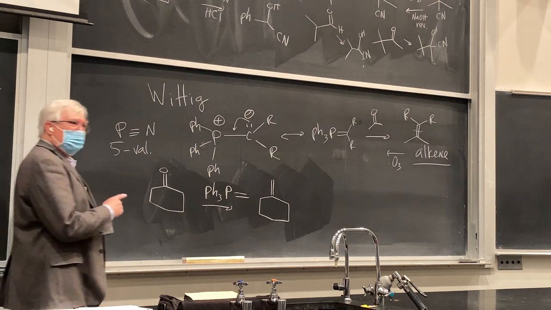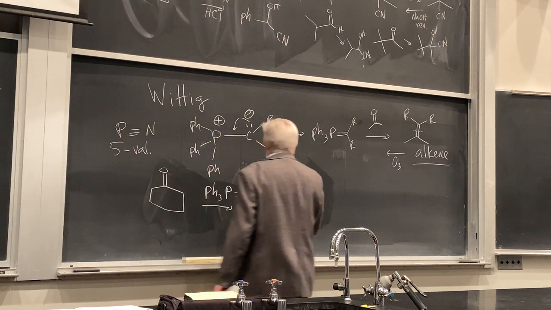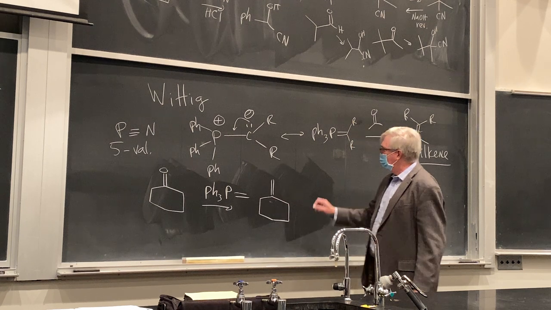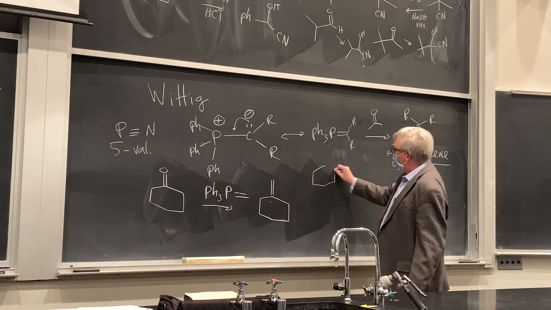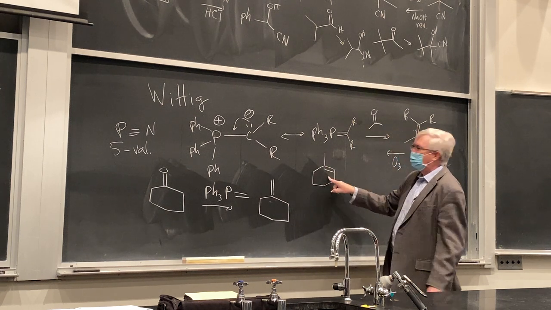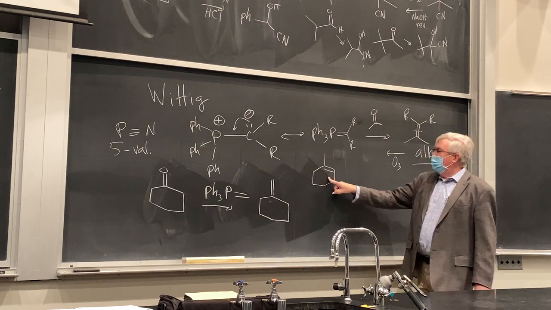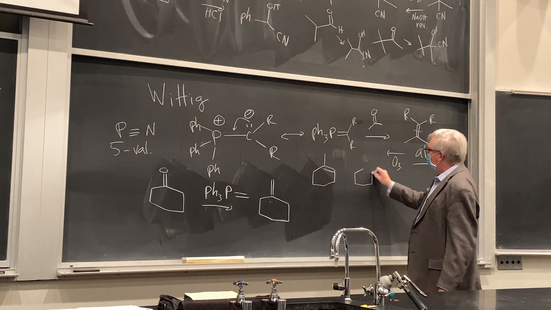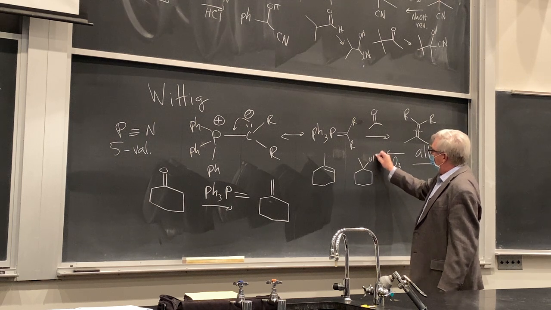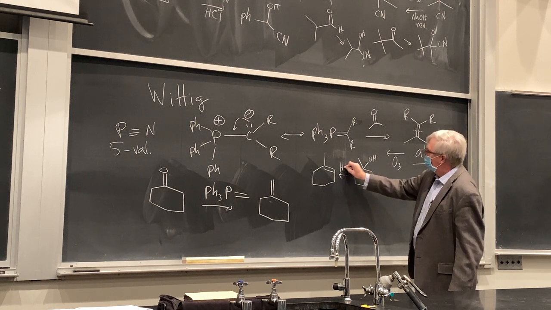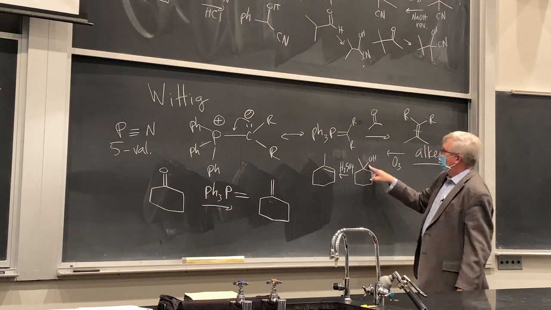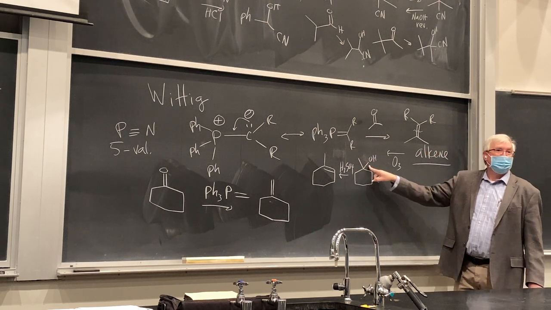Now, that's kind of a unique looking alkene. We talked about a similar, an isomeric form of that alkene. We talked about this guy, right? And we made that from dehydration of this, right? We treated that with H2SO4. And how did we make this tertiary alcohol before?